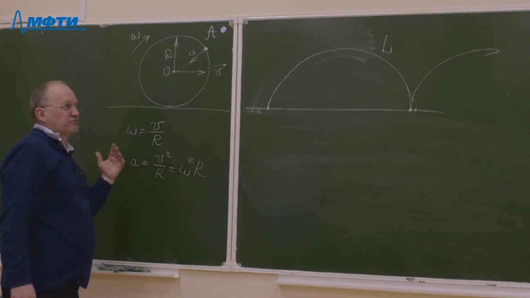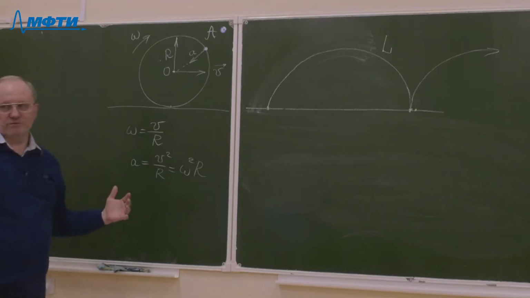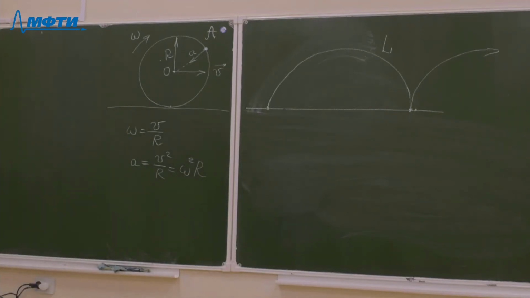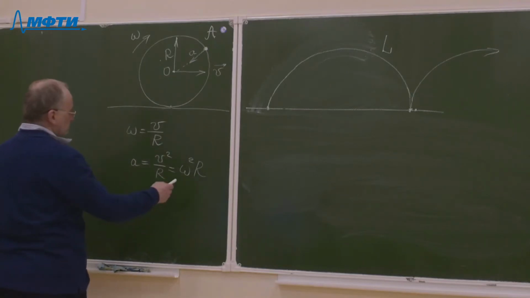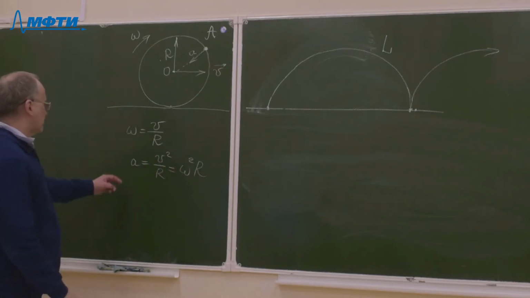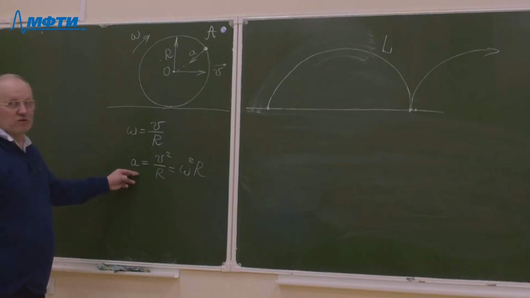Now we return to the reference frame connected to the ground. That will be another inertial reference frame. And according to the Galilean transformations, we know that the acceleration should be the same in both reference frames. The acceleration is the same in any inertial system. So as we found the acceleration of point A in one reference frame, then the same acceleration will be in another inertial reference frame.